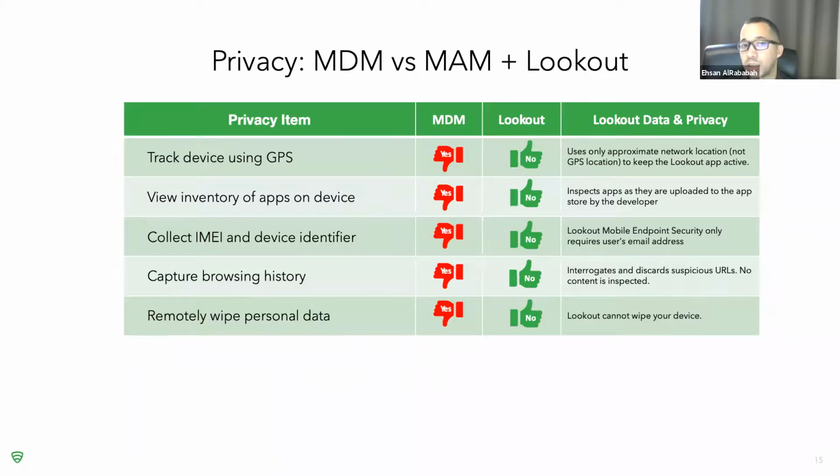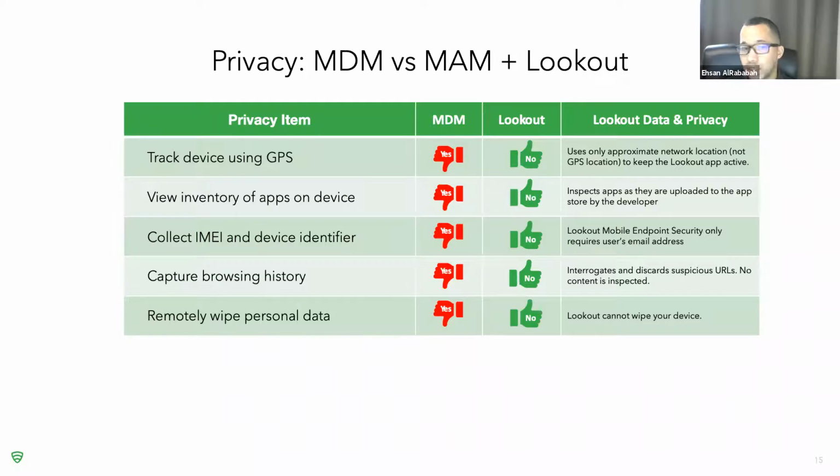With Lookout and the Intune MAM, you will have full protection without the need to be intrusive into the devices of your employees, without anything that could be considered by the users as a violation of their privacy, of their personal information.